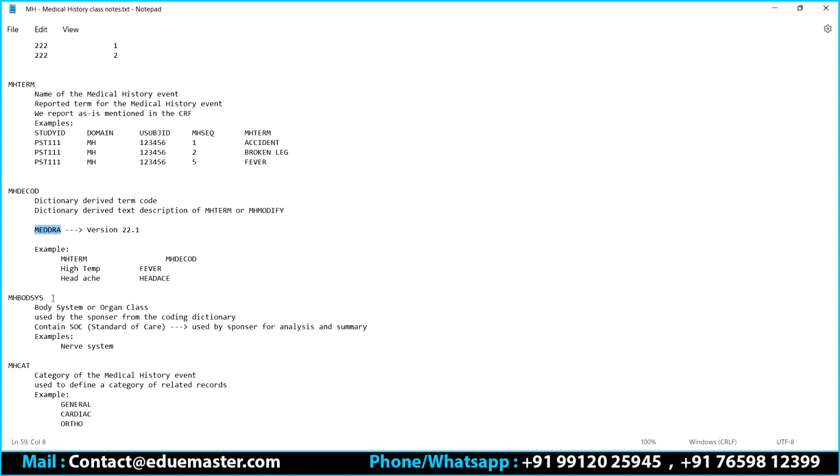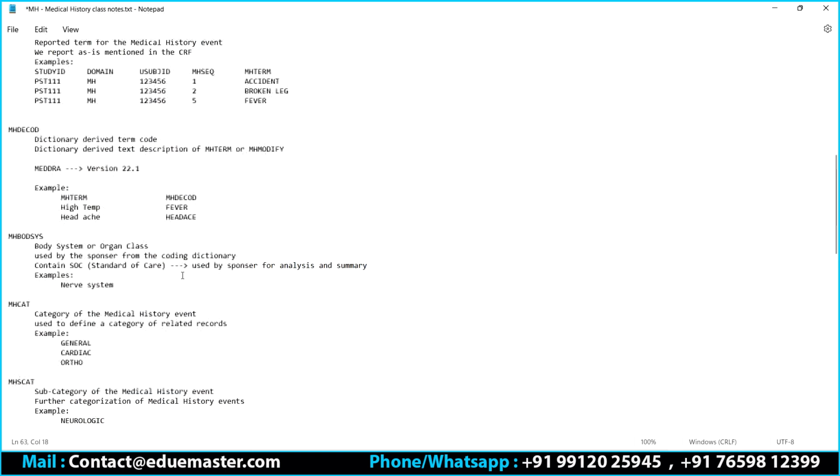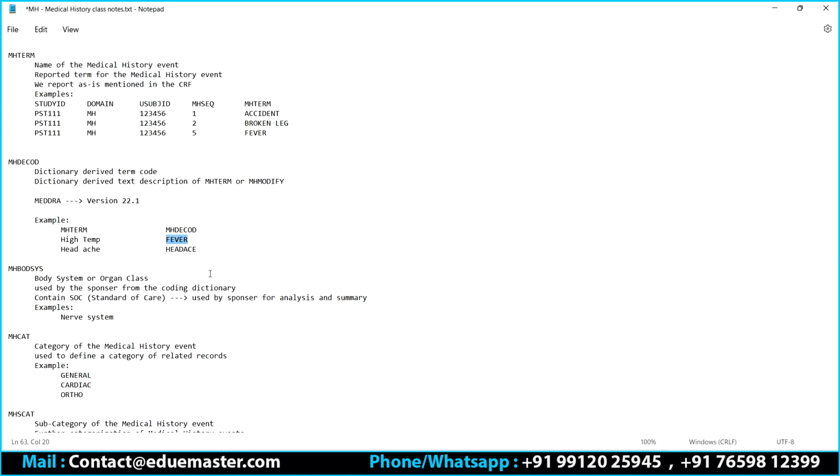This is a standardization. If you see high temperature, we generally call it fever. Not exactly fever; last time Sanchi mentioned something like pricks or something. I'm not able to recollect it, but there is going to be a medical-related term, and those medical-related terms we store here.